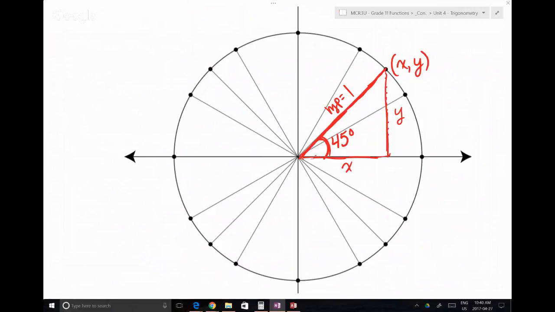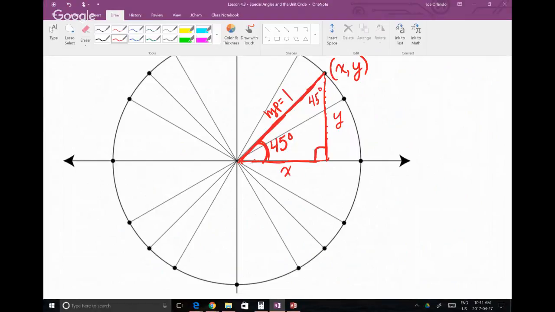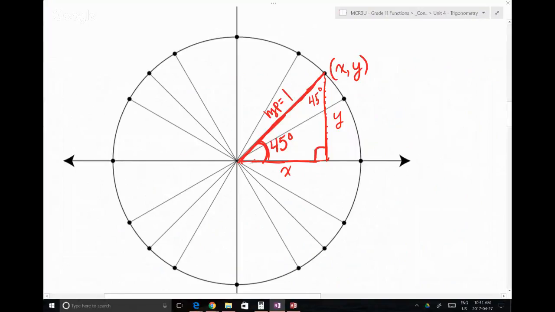Now, let's look at just this specific example. There's lots of different ways you could do it, but this one is one of the nice easy ones. Because if this angle is 45 and this angle is 90, this must also be 45 degrees. Well, if that's true, then these two sides must be equal.